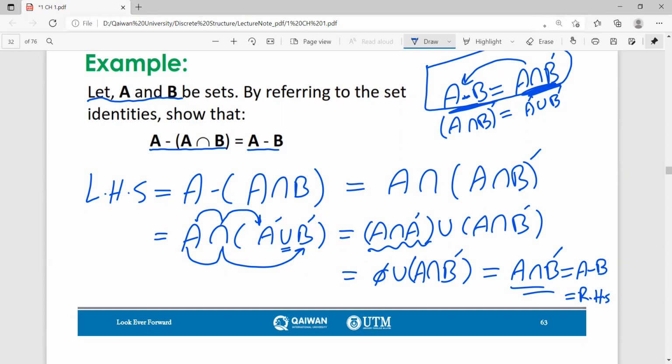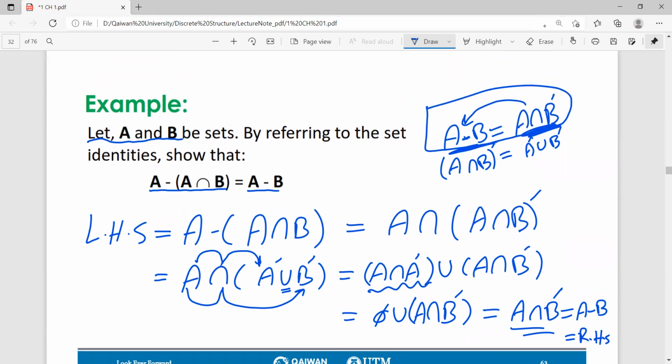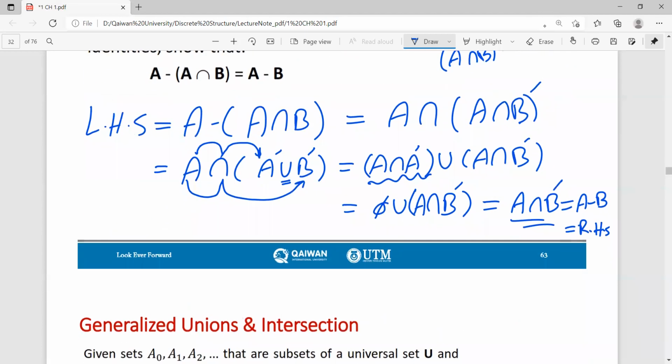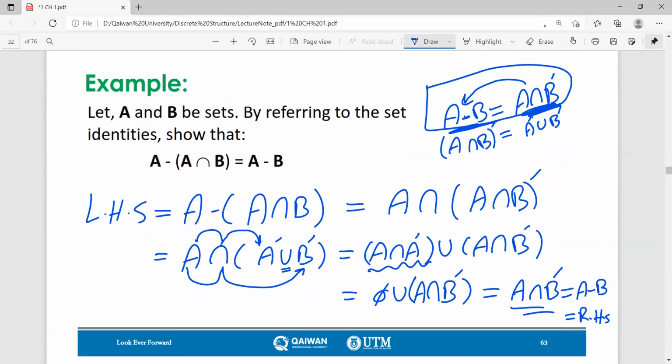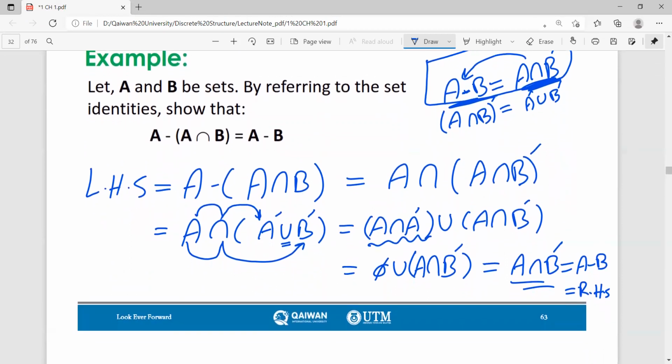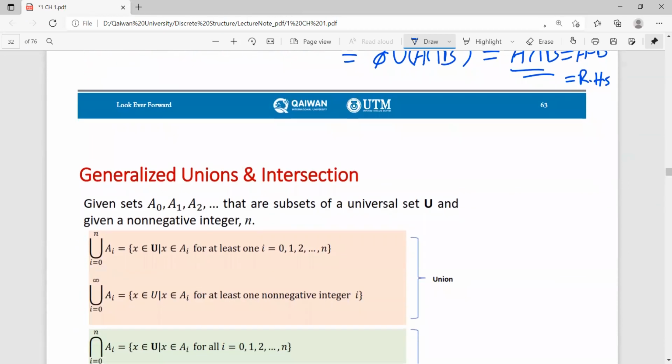So it's the proof. As you see, we start from the left hand side, and by applying the properties that we talked about, we get the right hand side. That's all. This is the proof of this example.